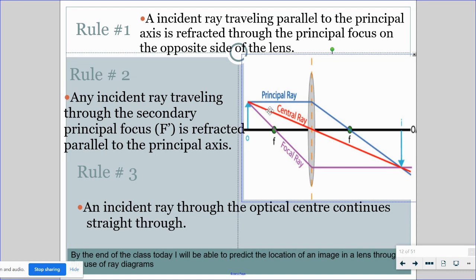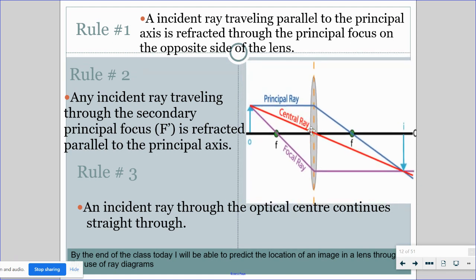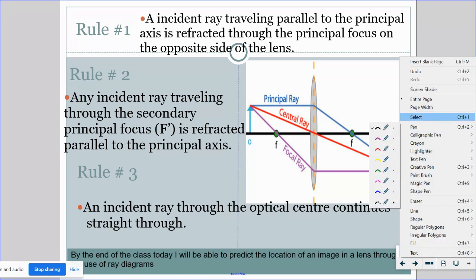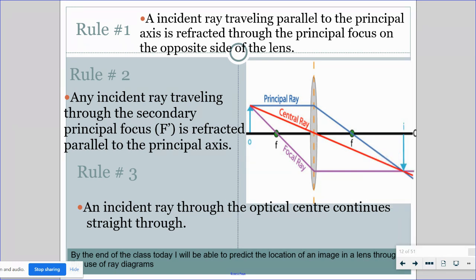And the third rule is that if it goes right through the optical center, so that's the center here, it will go straight through and doesn't refract at all or bend. And then where all three meet, that's your image point right there.